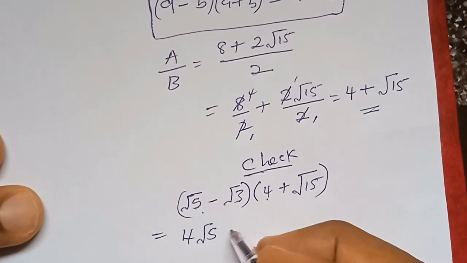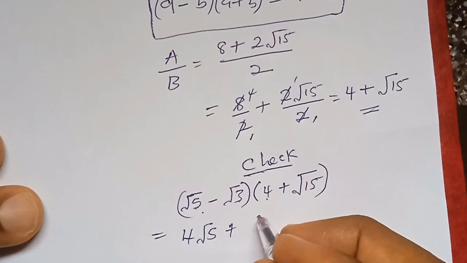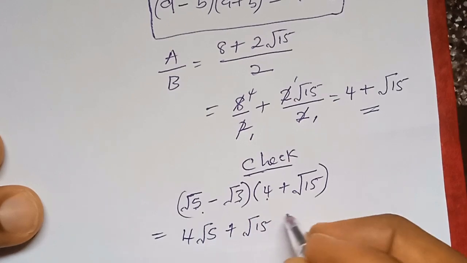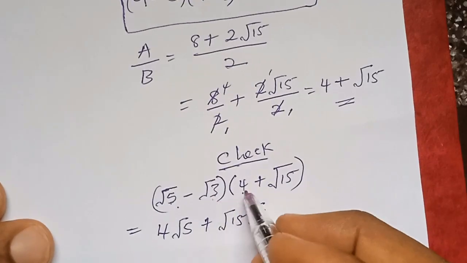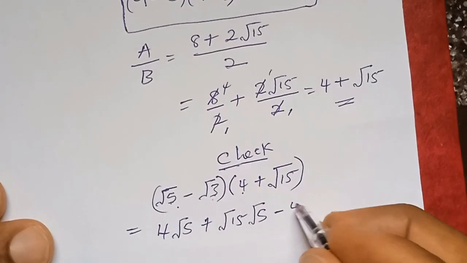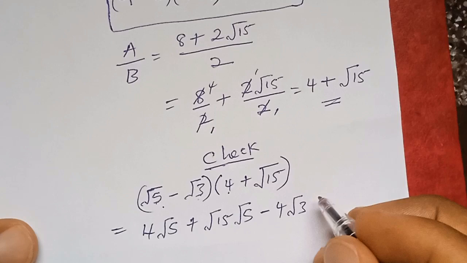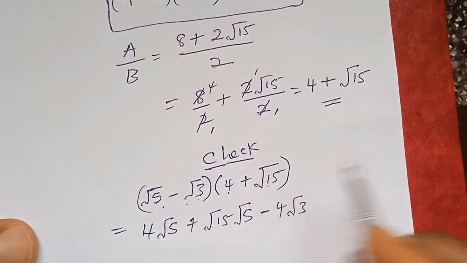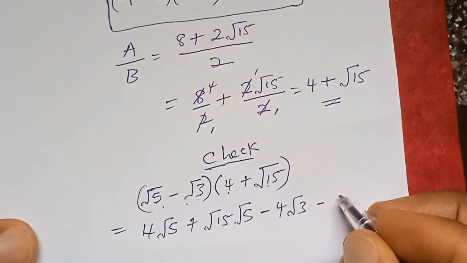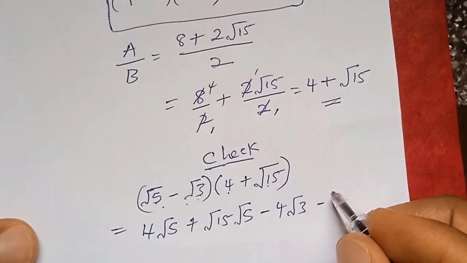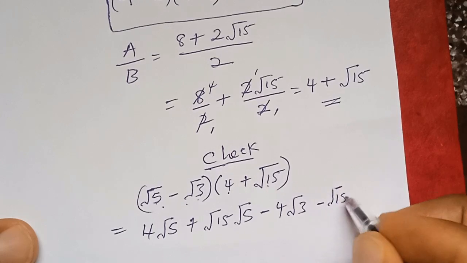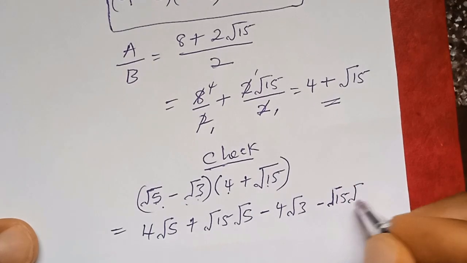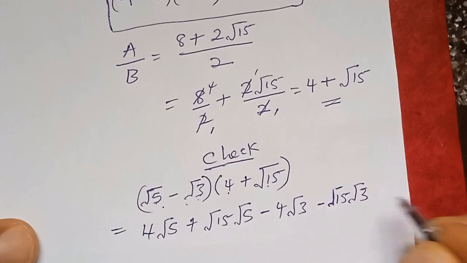This multiplied by this, we have plus square root of 15 multiplied by square root of 5. So multiplied by this, we have minus 4 square root of 3. Multiplied by this, we have minus square root of 15 multiplied by square root of 3.